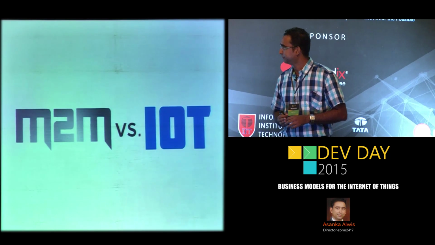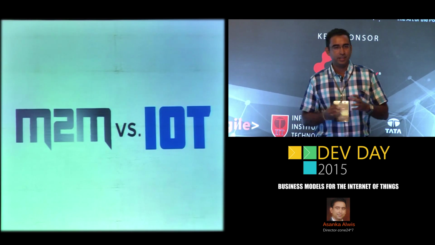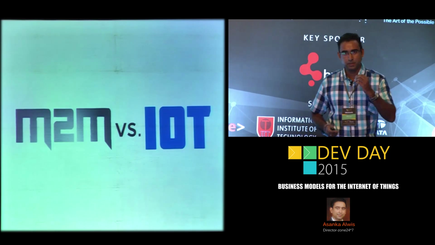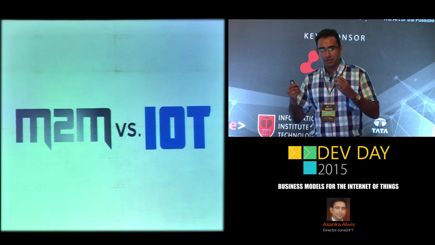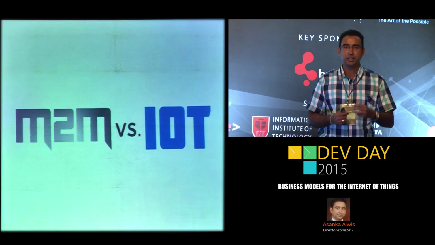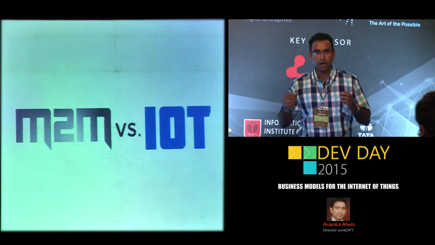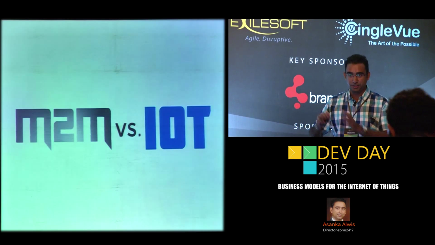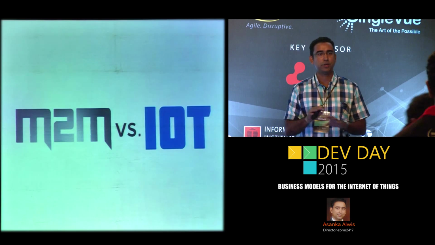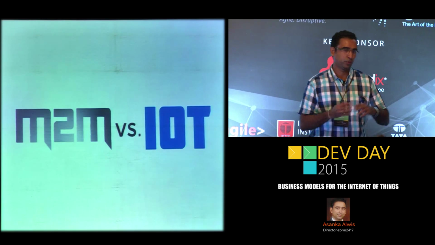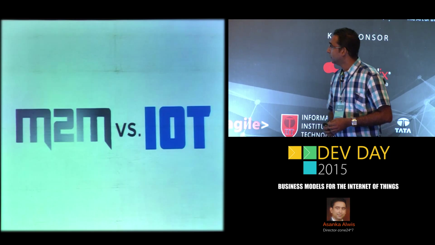If I give an example, let's say I have a sensing unit which can sense the temperature and humidity and upload that information to a cloud server. That system is not an IoT system, although it uses some sensors.